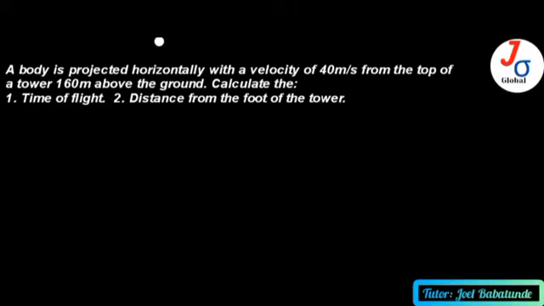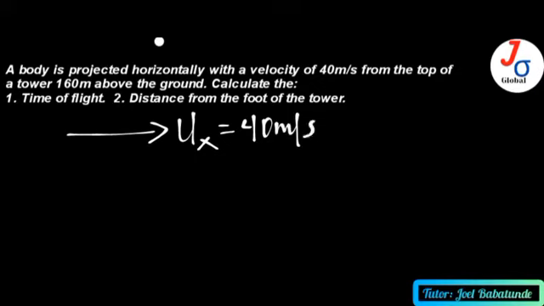So that means the body is projected in this direction with a horizontal velocity u sub x of 40 meters per second from the top of a tower. That means the tower has a height.